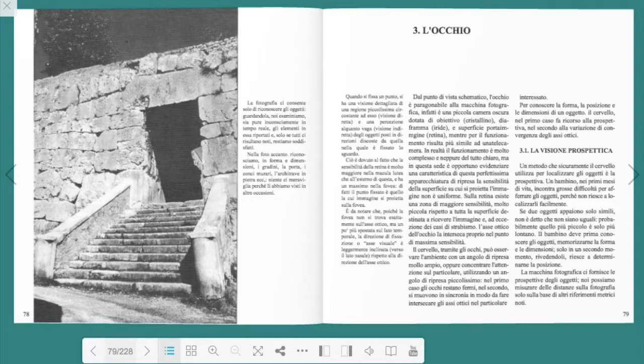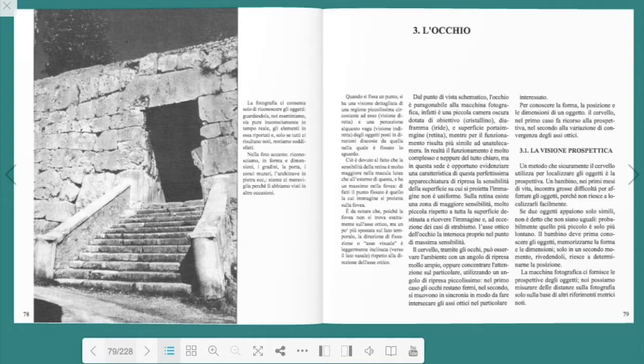3.1. Perspective vision. One method that the brain certainly uses to locate objects is perspective. In the first months of life, a child encounters great difficulties in grasping objects, because he cannot locate them easily. If two objects appear similar, it is not certain that they are the same; probably the smaller one is only further away.